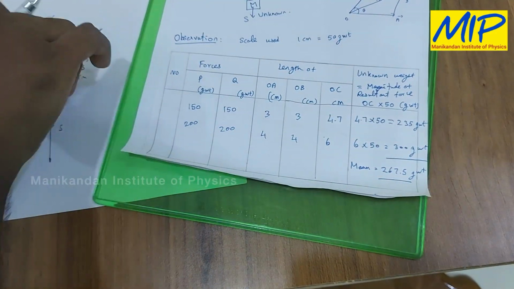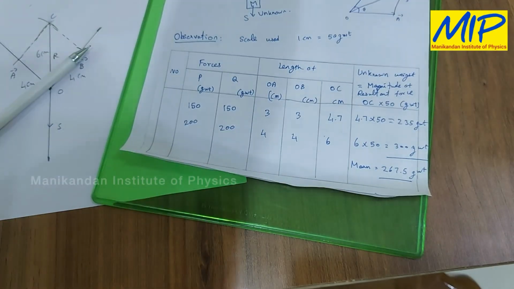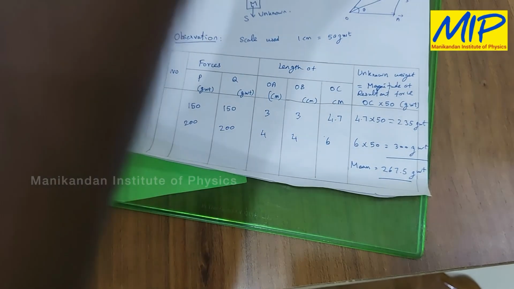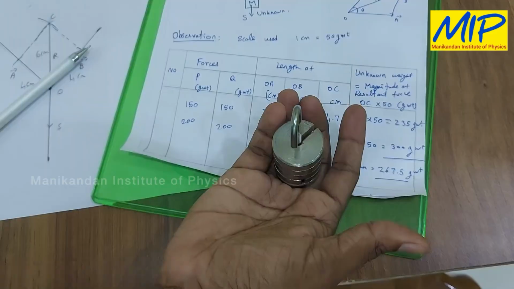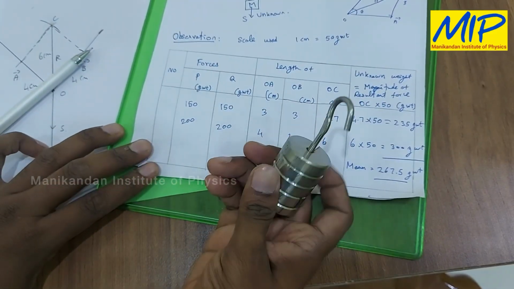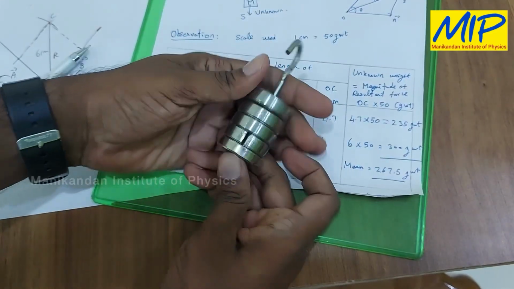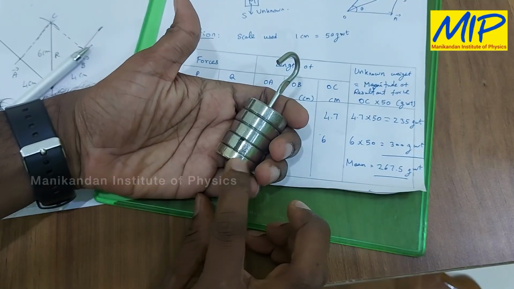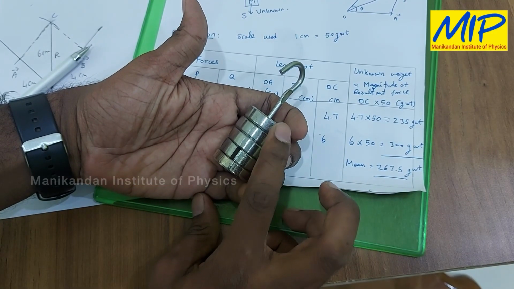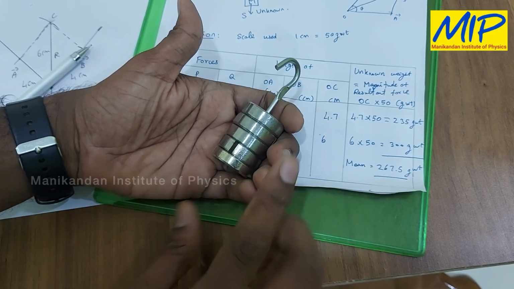So in our case, we have a mass. This is our unknown mass. Okay, we consider this is my unknown mass. But in this case, what's happening? We have 1, 2, 3, 4, 5. 5 means 250 grams.